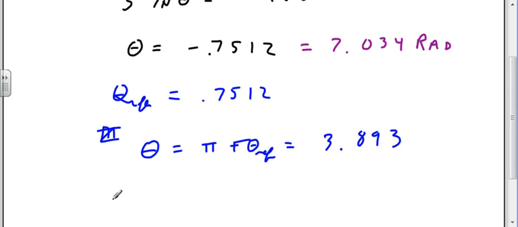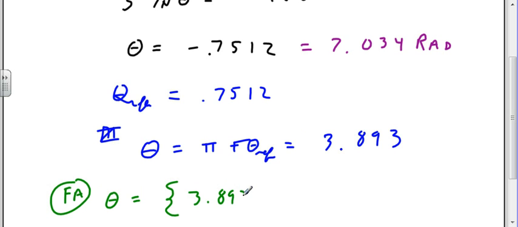So for my final answer, theta is, and I'd put them in alphabetical order, 3.893 and 7.034. And then I'd ask myself, what is my feeling about how accurate that is?